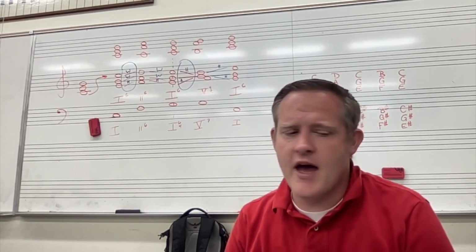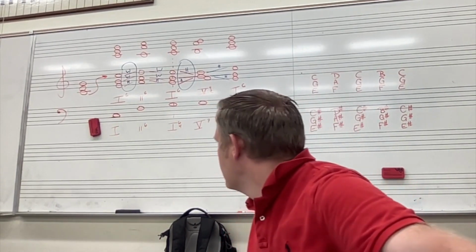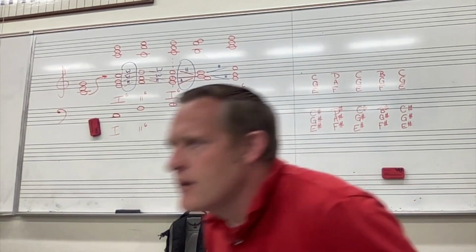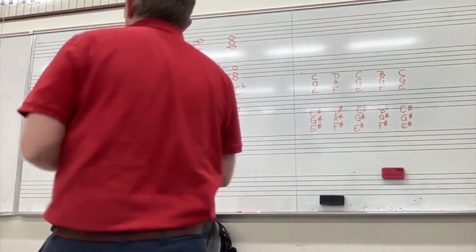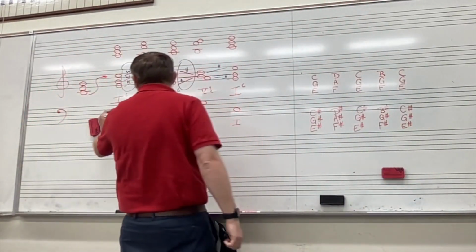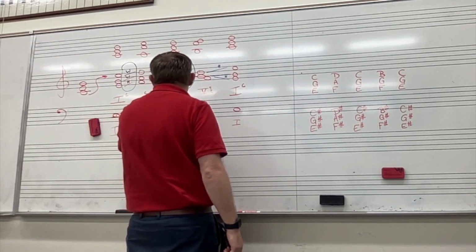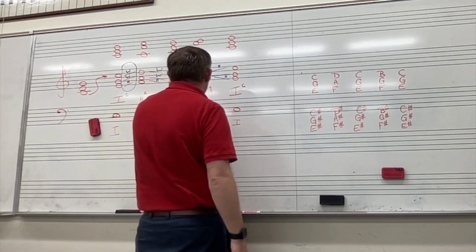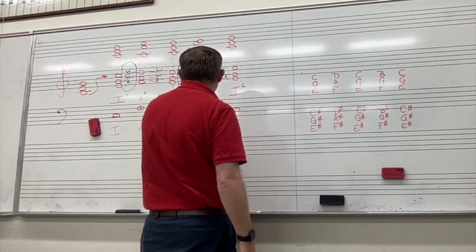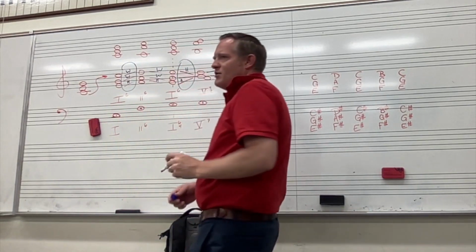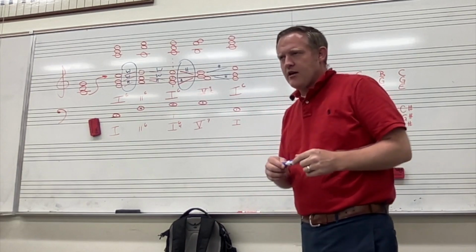If you follow that formula, you got it. Because the bass, look at the bass real quick with me. Scale degree 1, scale degree 4, scale degree 5, scale degree 1. You with me? Does this help?